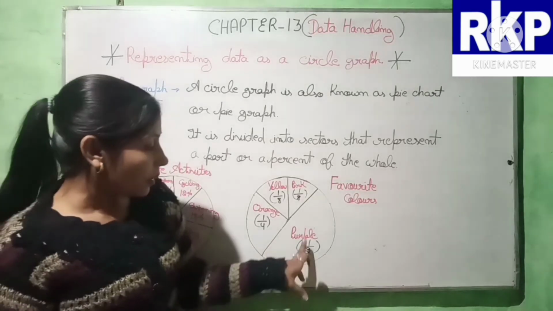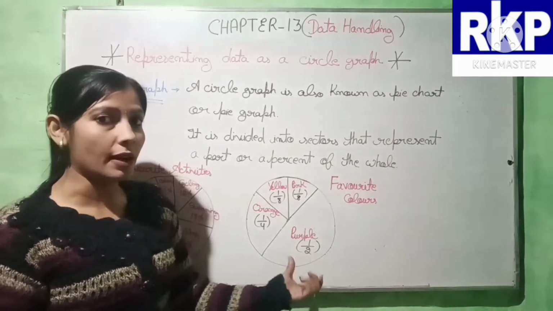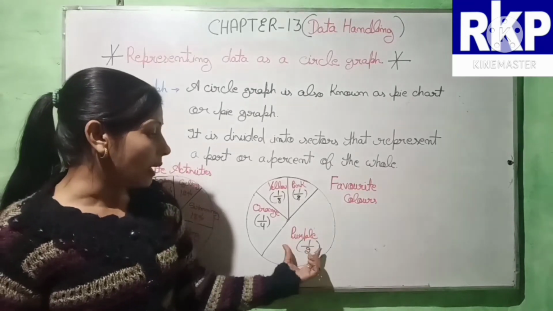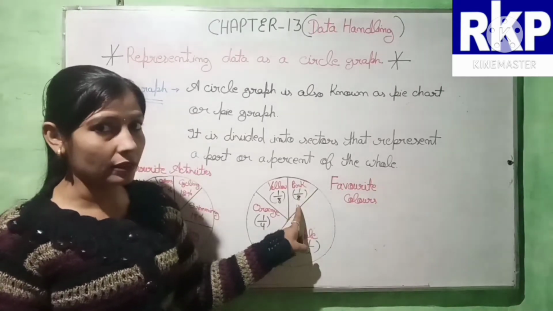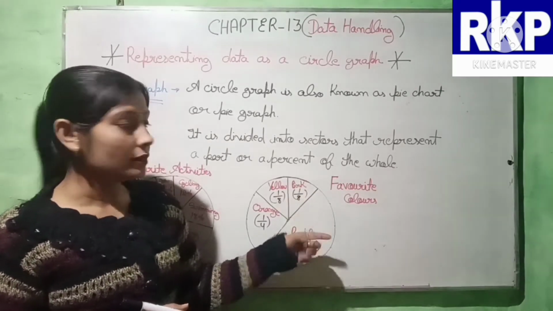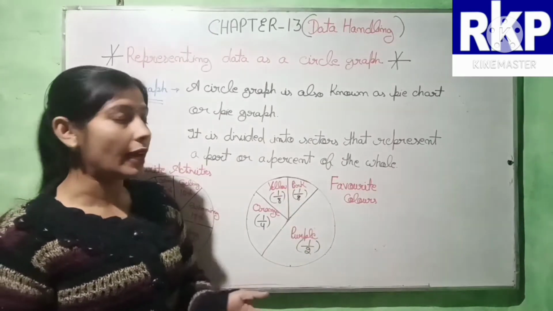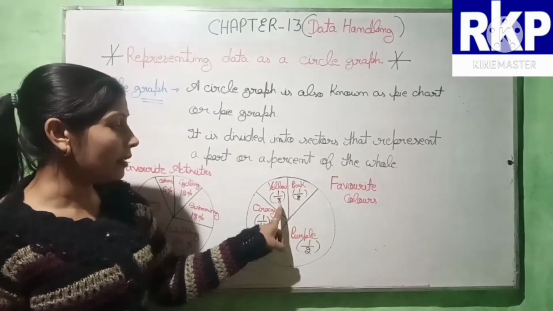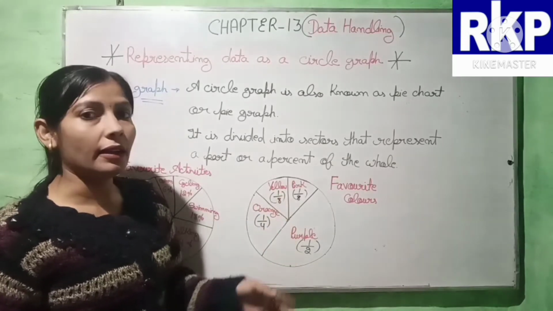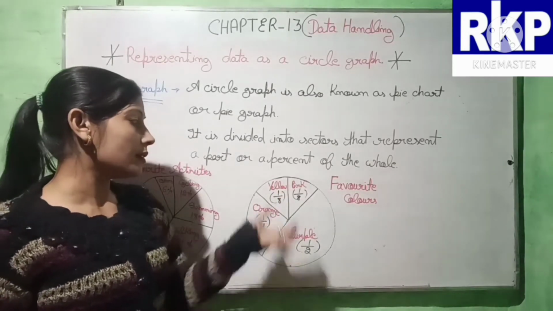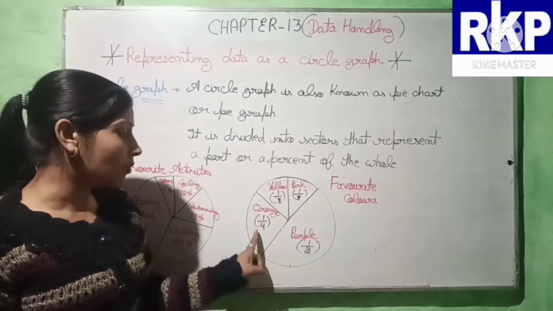Here is written 1 by 2. It means half of the total students like purple color. Here pink, and here 1 by 8. It means 1/8 part of the total students like pink color, and here also 1 by 8. It means 1/8 part of the total students like yellow color, and here color orange, and 1 by 4.